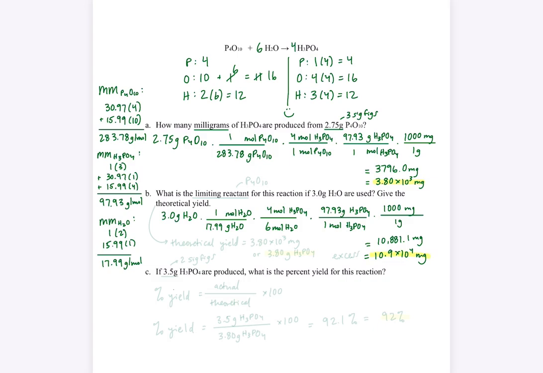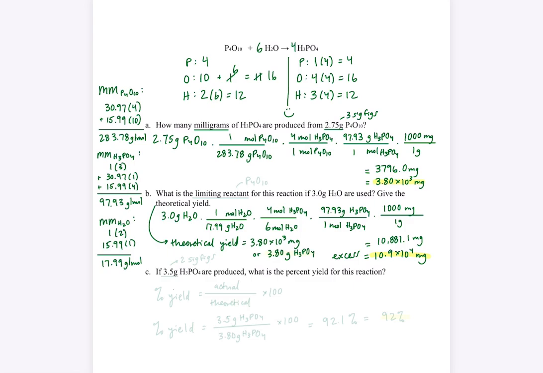And we see that this value is larger, so this will be in excess. So that tells us that for our theoretical yield, we are going to have 3.80 times 10 to the 3rd milligrams, or 3.80 grams of H3PO4.